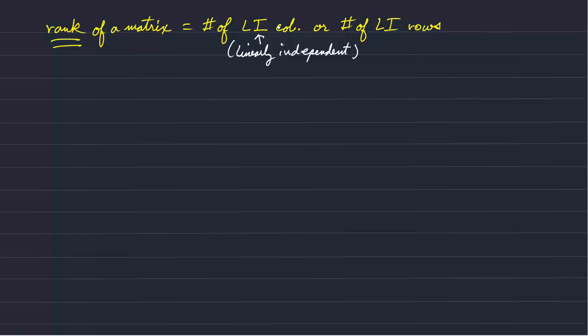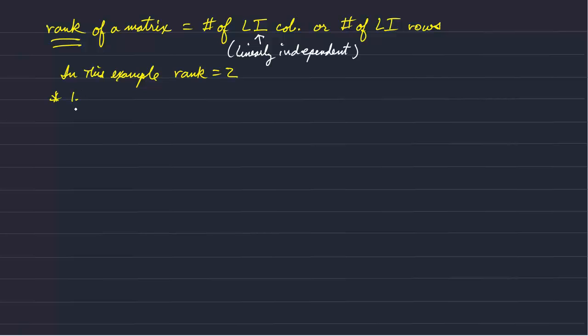In our case here, the rank of A was equal to 2 because we only had 2 linearly independent columns. The third column was minus 1 times the second. So again, our rank was 2.